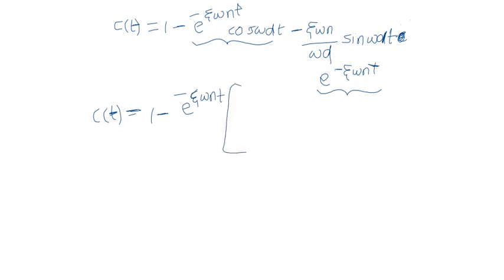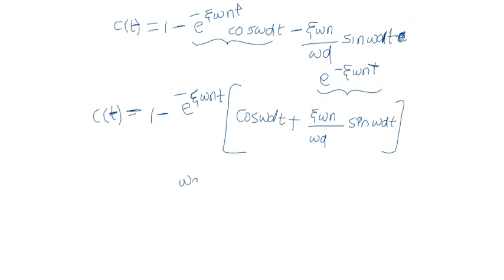The remaining terms are cos omega d t, and here I am taking overall minus common, so we are getting the plus: zeta omega n by omega d and sin omega d t. So this is the inverse Laplace transform of the second order system when the input is unit step.